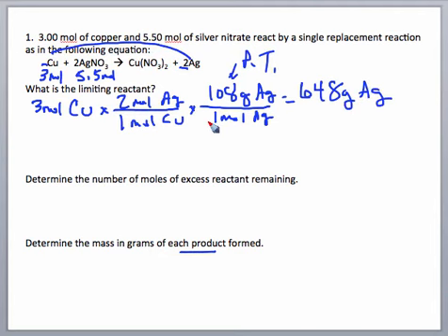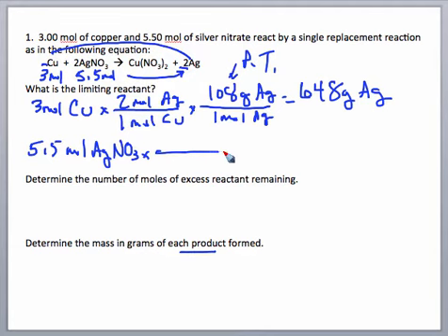So then what we're going to do is take the other reactant and do the same thing. We're going to calculate how many grams of silver are produced. So we'll start with 5.5 moles silver nitrate. And again, we'll do the mole ratio from silver nitrate, AgNO3, to our silver. Whoops, 2 moles of silver.